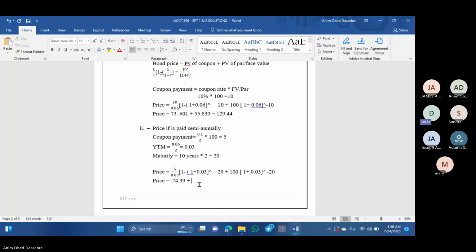The second one is 55.37. So when you add all, we are getting 129.76.